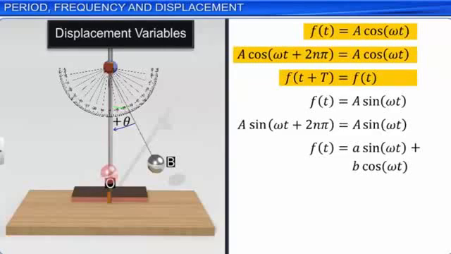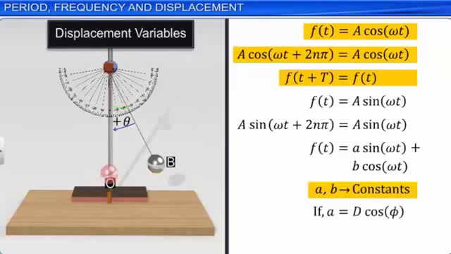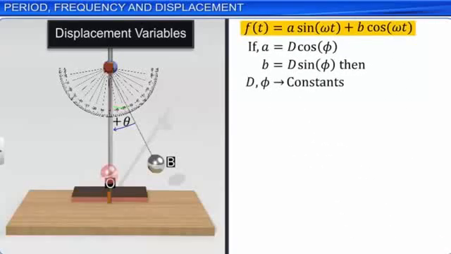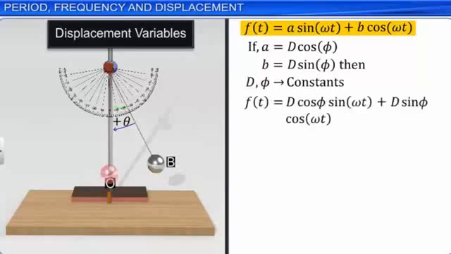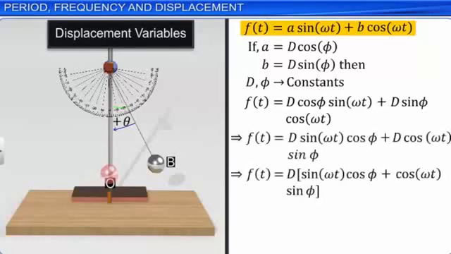If the constant a is equal to d cos φ and the constant b is equal to d sin φ, where d and φ again are constants, then we can rewrite the function as f(t) = d cos φ sin ωt + d sin φ cos ωt. Simplifying the expression using trigonometry, we get f(t) = d sin(ωt + φ).